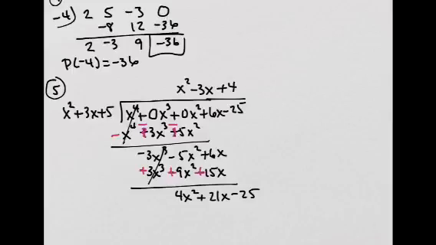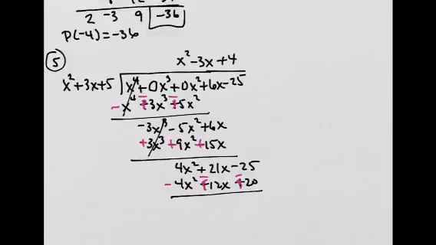And so you get 4x squared plus 12x plus 20. Now we're ready to subtract. When you subtract, you add the opposite. So this becomes negative, this becomes negative, and this becomes negative. We're going to combine the 2 rows. This is 0. 21 minus 12x, that's going to give you 9x. Negative 25 and negative 20 is negative 45.